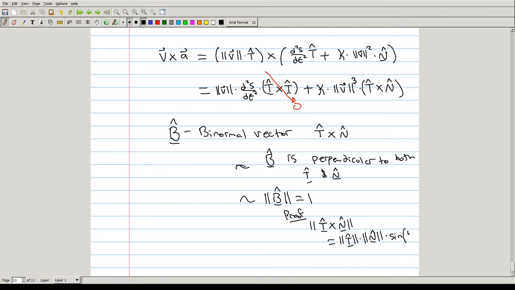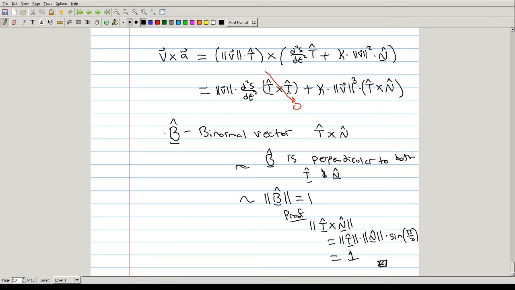And the angle between them is 90 degrees, or pi over 2. Because t hat is a unit vector, this is 1. N hat is a unit vector, so this is 1. And sine of pi over 2 is sine of 90, or 1. So I've just proven to you that this binormal vector has a unit length of 1.